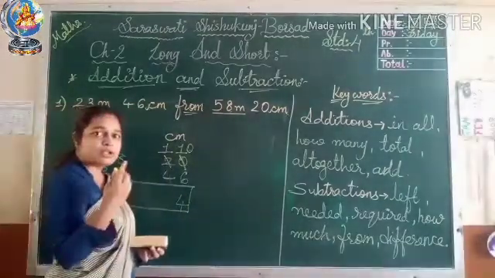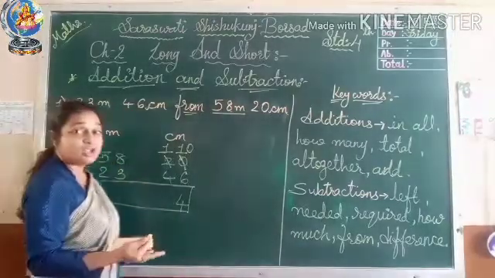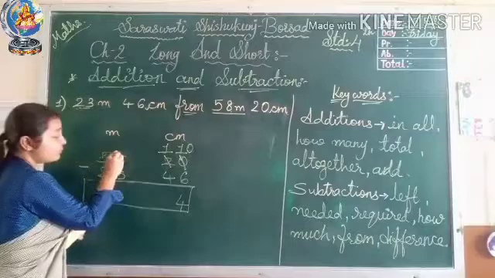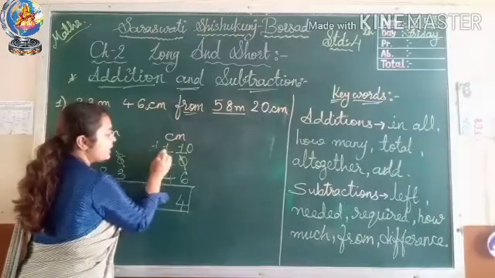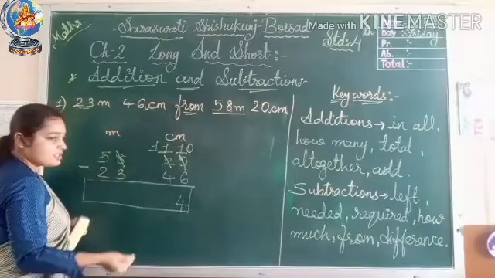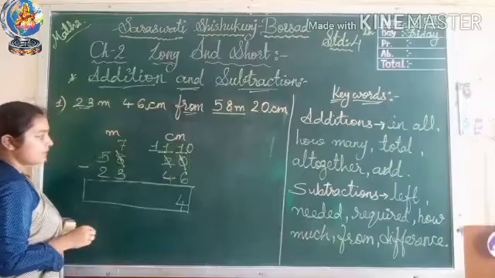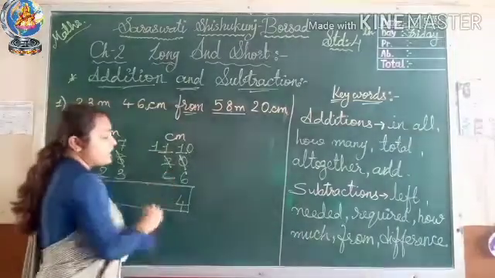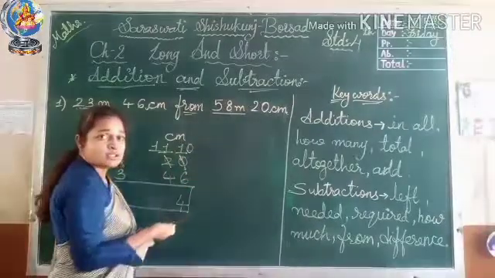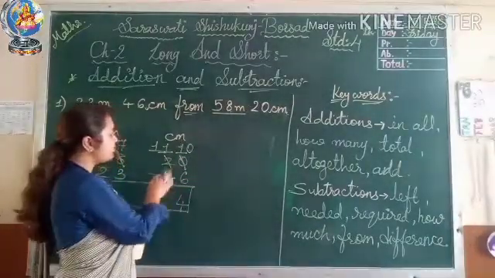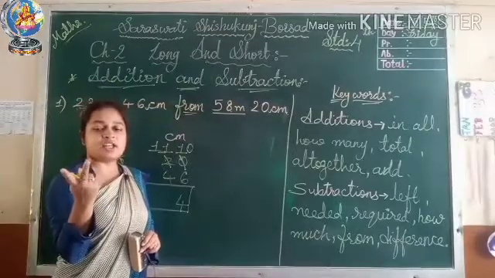Now open 1, close 4. Is it possible? No. So what do you need to do? Again, borrow 1 ten from the 8. So 10 plus 1 will be 11. 1 ten is left from here, so how much remains here? 7. 11 minus 4. Same way as 10 minus 6, let's count after 4 up to 11: 5, 6, 7, 8, 9, 10, 11.